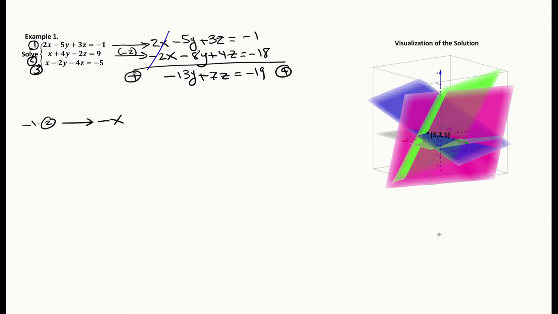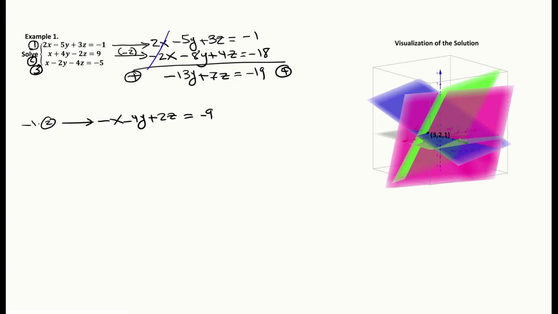So we get -x minus 4y plus 2z equals -9. Be very careful with the signs. This process, you will see, is simple, but there are lots of places where you could make little mistakes. So you have to be in real samurai mode to do these.